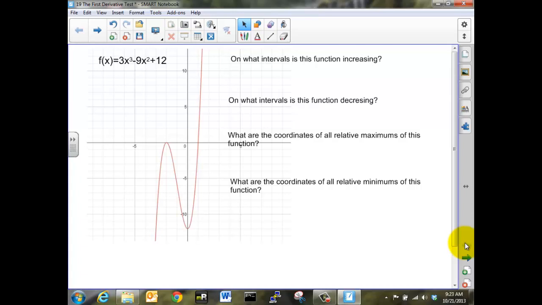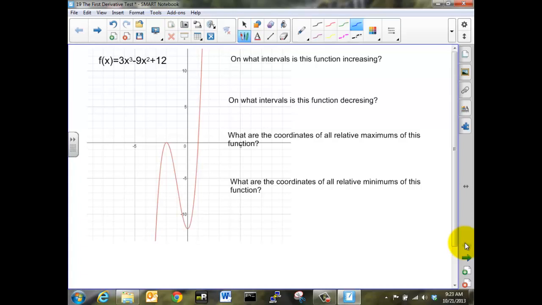When we're talking about intervals, we only need the x coordinates of it. Yes, something could be infinity in this here.